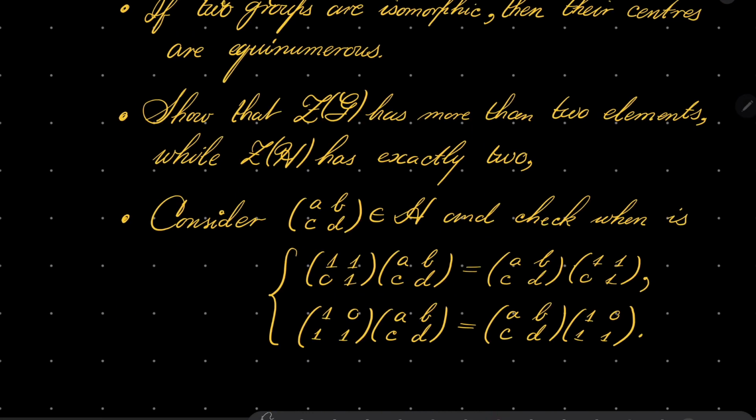Namely, you should show that the center of G has more than 2 elements, while the center of H has exactly 2 elements. The first part is easy. The second part is harder.